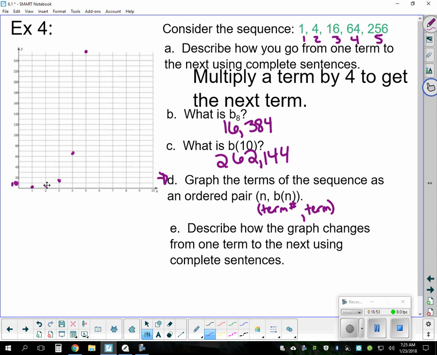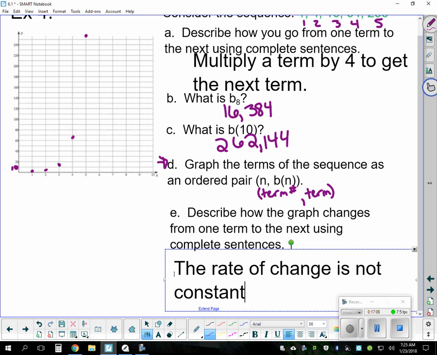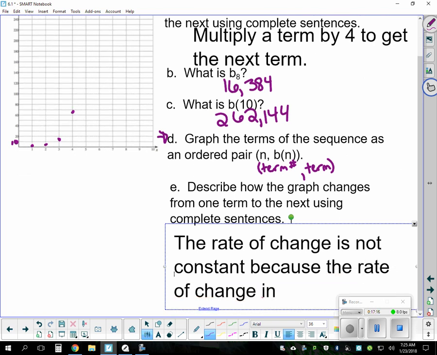The rate of change is going to increase each time, quite a bit each time too. So the rate of change is not constant because it increases. Let's see, because the rate of change increases each time.